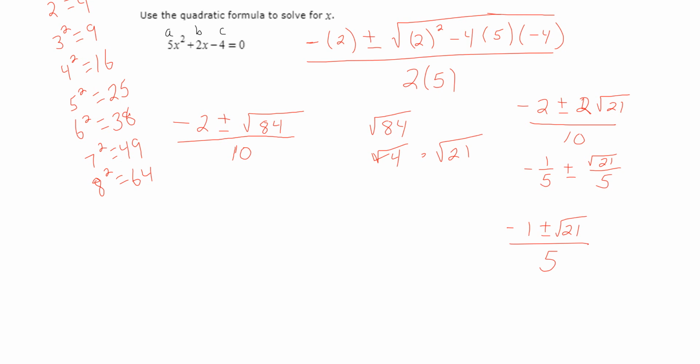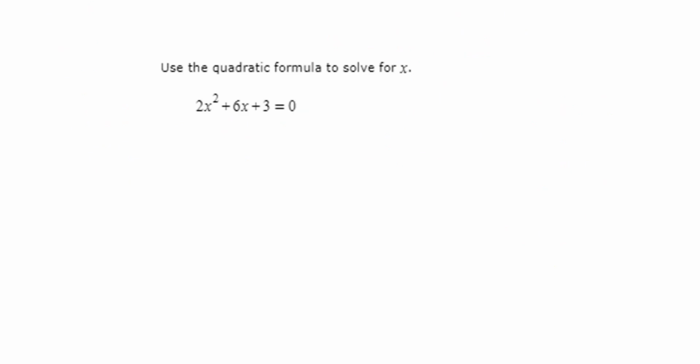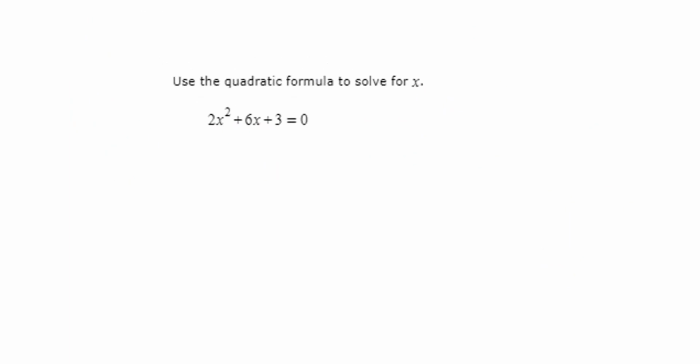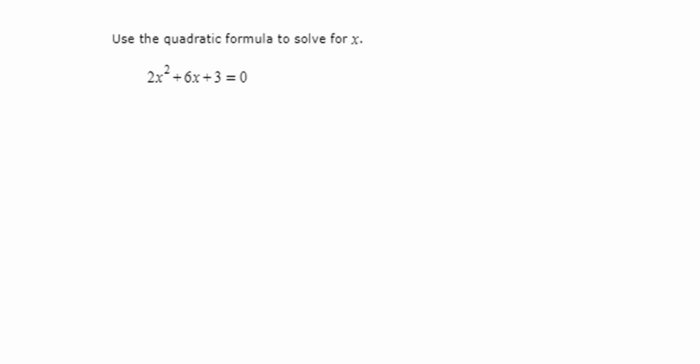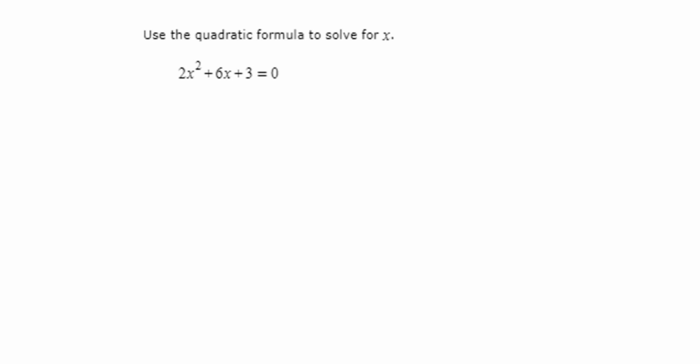Let's take a look at another problem. Last problem. If you'd like to try this, go ahead. Pause it. I'm going to continue. All right. So once again, we have our A, we have our B, and we have our C. So negative B, negative 1 times 6 is negative 6.